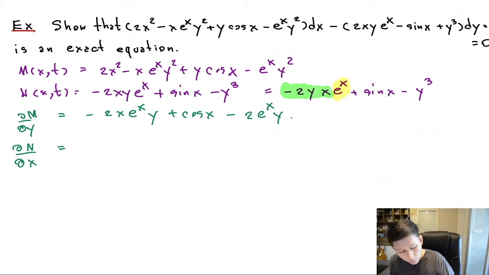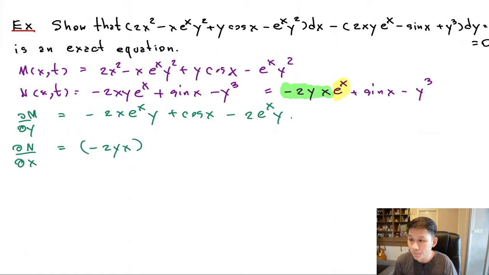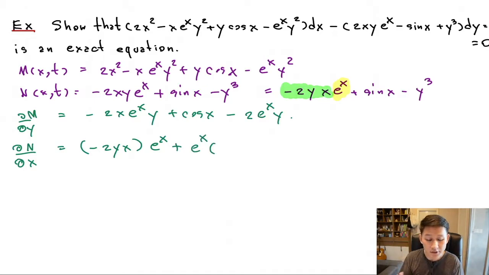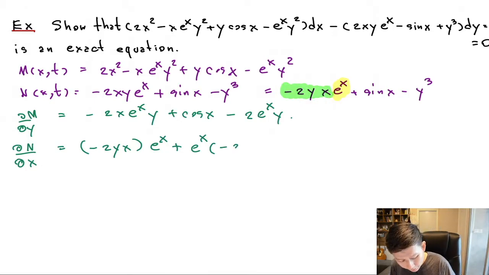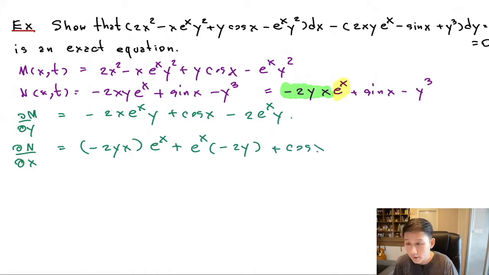So here what we have is minus 2yx, and the derivative of e to the x is actually e to the x, plus e to the x, and the derivative of the part in green is minus 2y, and the derivative of sin x is actually just cos x. And the derivative of y cubed is 0 because we take the derivative by x, so y is a constant, so here it's just 0.